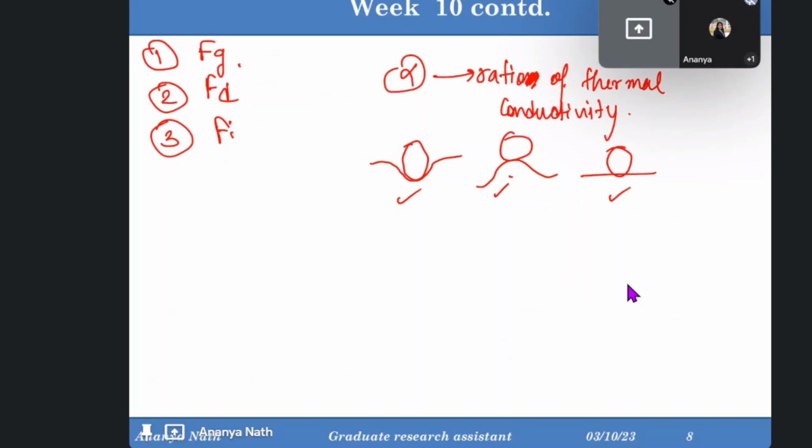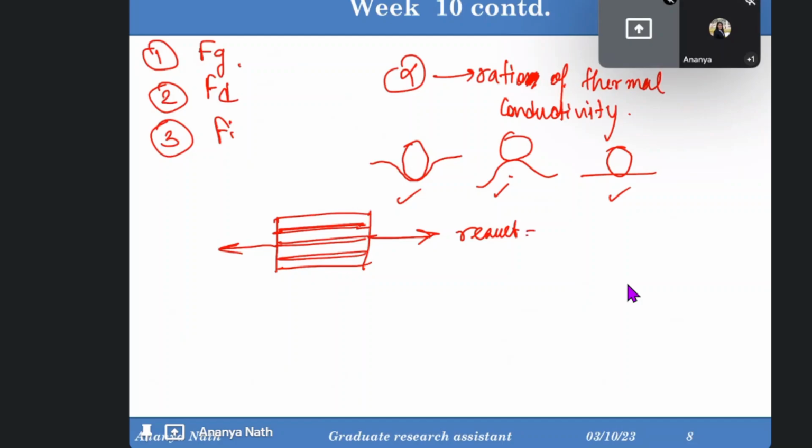So the reinforcement comes in different types, and if it's fibrous type, then if we apply force in this direction and the result is R1, and if we apply force in this direction and the result is R2, where the result can be stress, strain, fatigue, creep, whatever, these two results will not be similar.